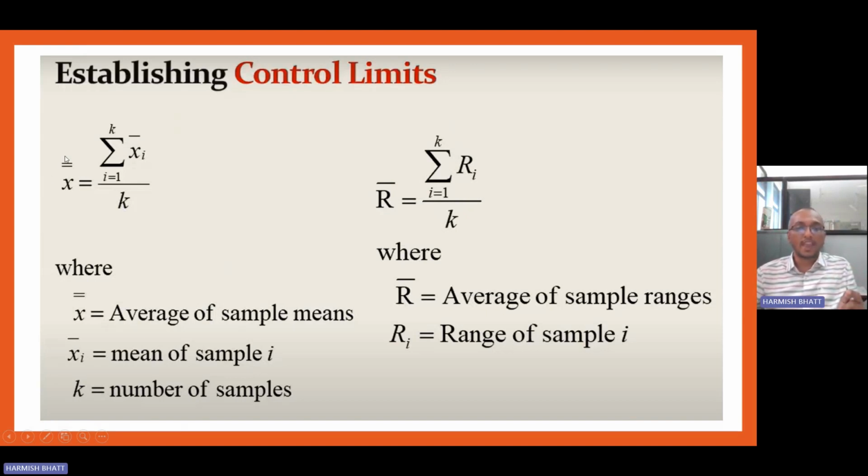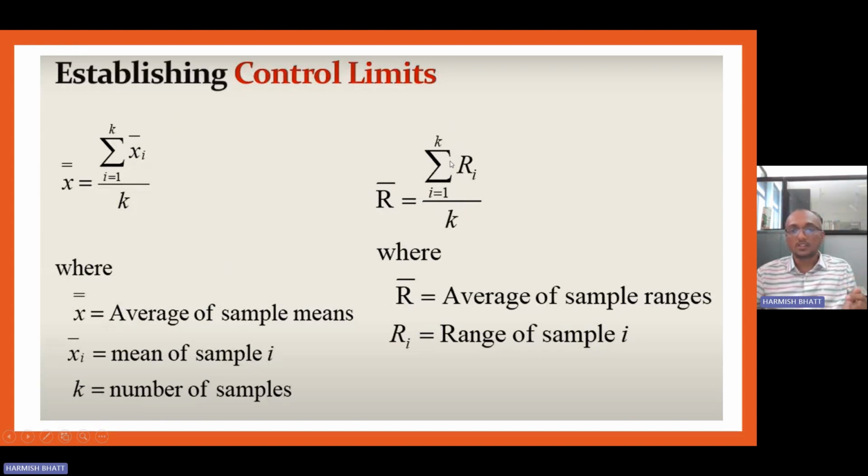So you will have the value of X double bar. So X double bar is what? It is the mean of the mean values of the samples. So X double bar can be denoted with sigma i equals 1 to k of X bar i divided by k.